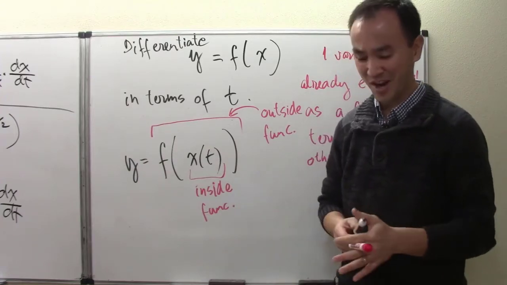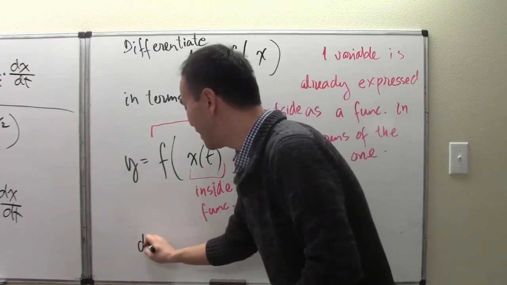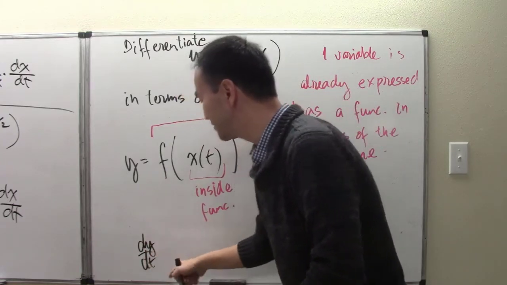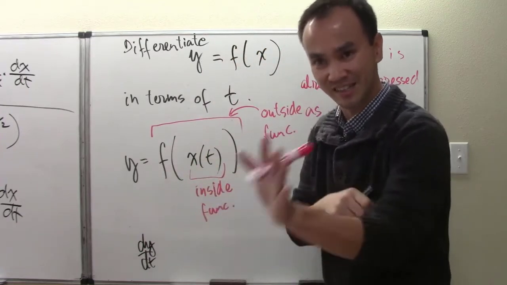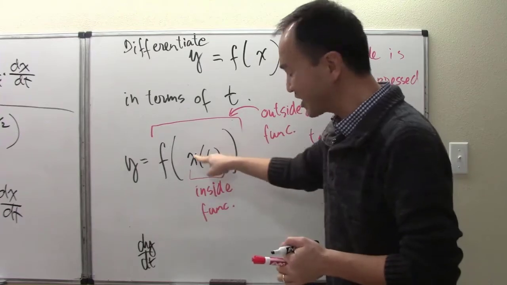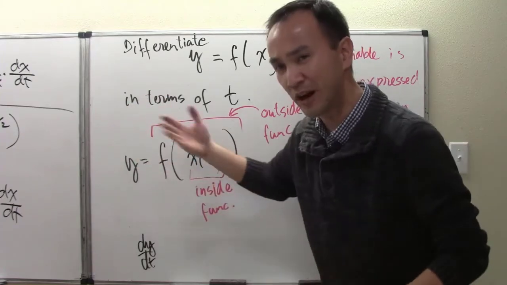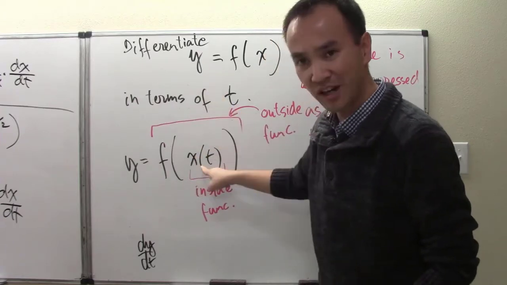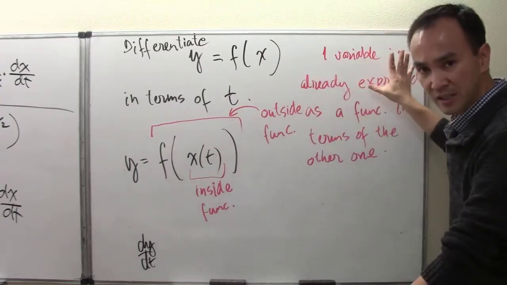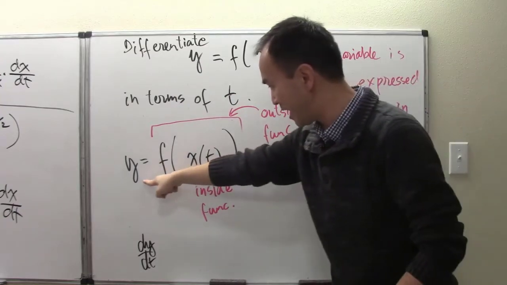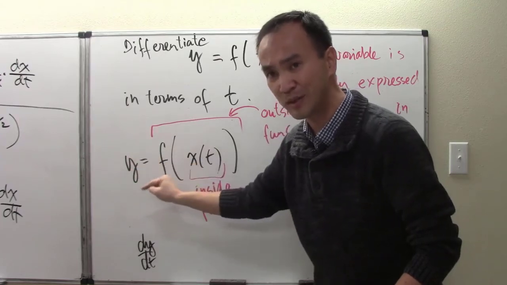And so in that way, ladies and gentlemen, to find dy/dt, to take the derivative of this overall function in terms of t, once we agree with ourselves that the problem wants x as a function of t, and y is already expressed as a function of x, then eventually y will also be a function of t.